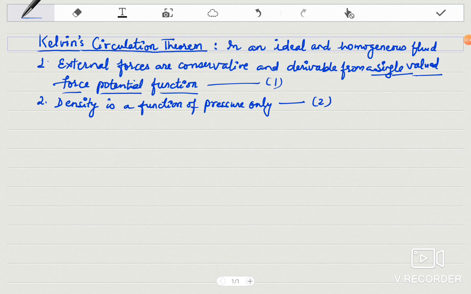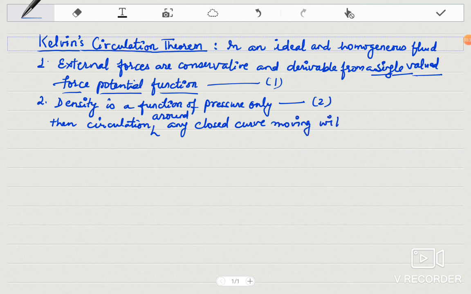Then Kelvin's circulation theorem says that circulation around any closed curve moving with the fluid is constant all the time.